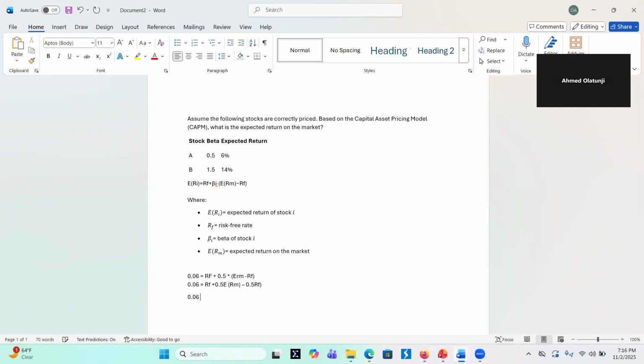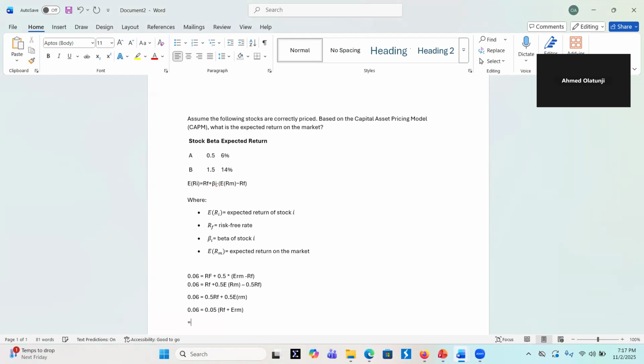So we have 0.06 equal to 0.5 RF plus 0.5 ERM. So we have 0.06 equal to 0.5 times RF plus ERM. It is just simple simplification.